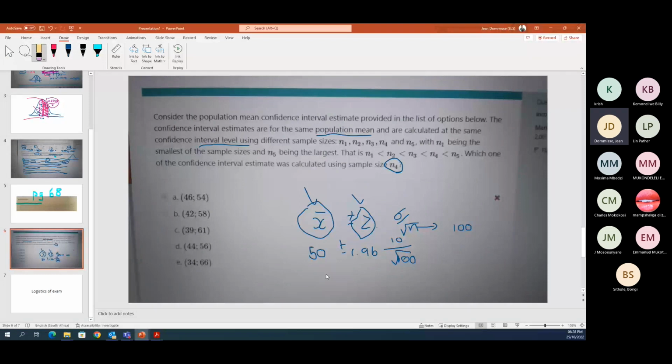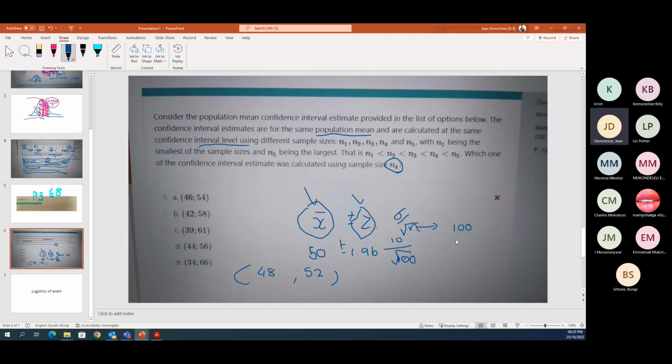So we'll get on the one side 51.96, and on the other side 48 comma something. Okay, so let's say it is 48 and 52. So that was for N1.